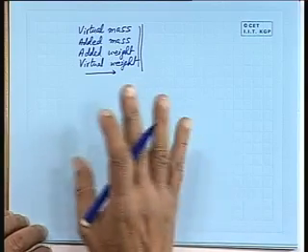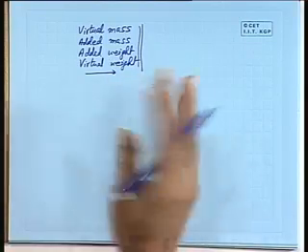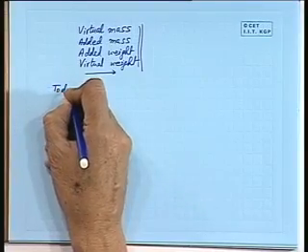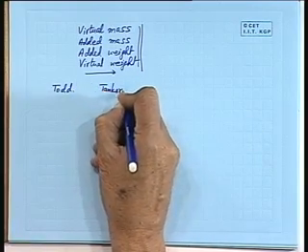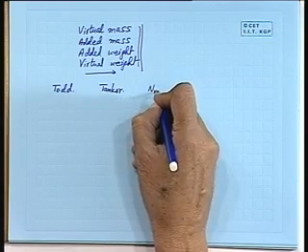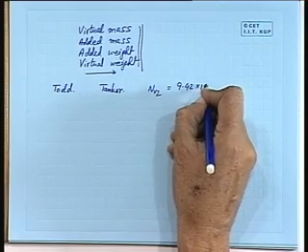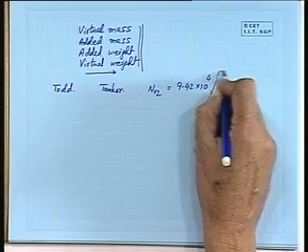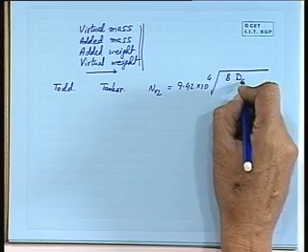Now, this particular formula, which was first proposed, now Todd is proposing that for tanker, NV2 is given as 9.42 into 10 to the power 4 B into D E cube.